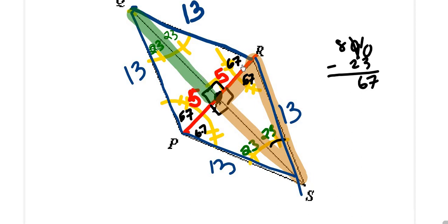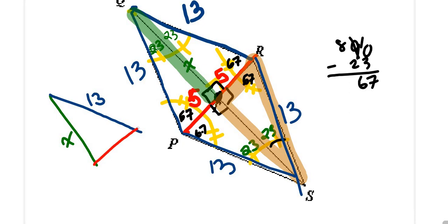What do we have going on here? Trace that. Trace QTR. Do it again. Trace QTR. Do you see the fact that we have a right triangle, friends? I'm going to call this X. Let me pull it here so it's easy to see. That's X. 13. 5.